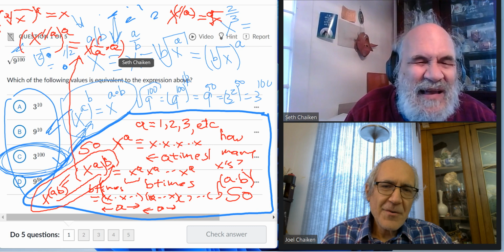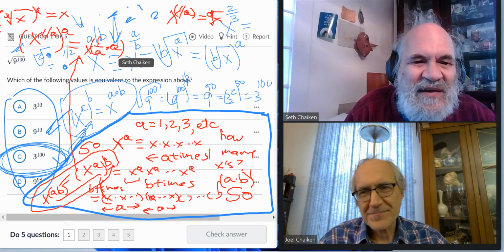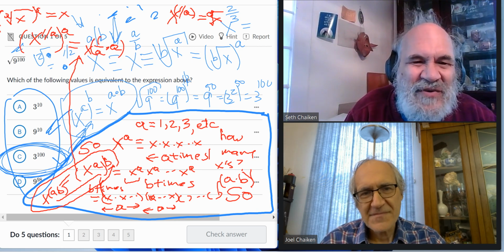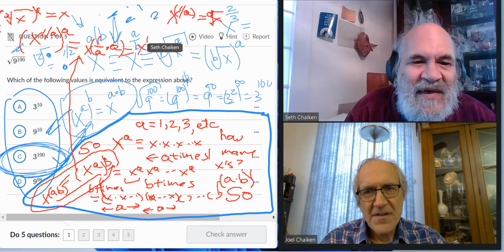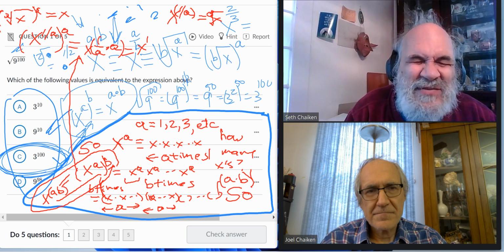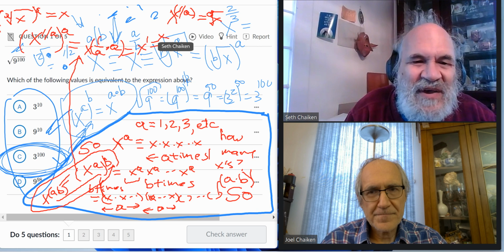And x to the 1 over a times a is, guess what, x to the first. And 1 is a counting number. This means x multiplied by itself just one time. So that equals x.